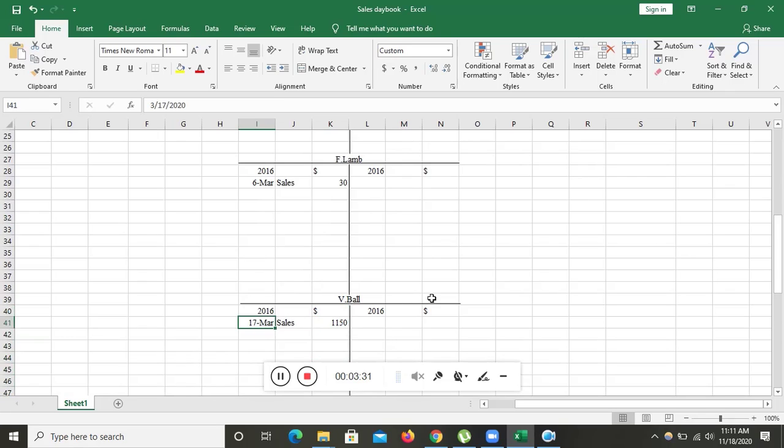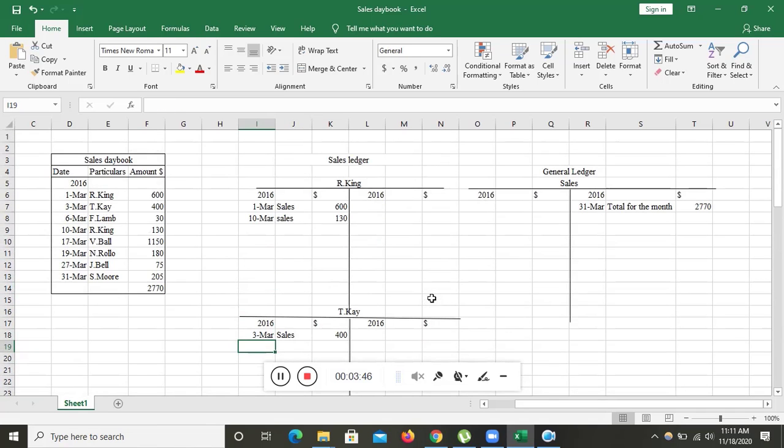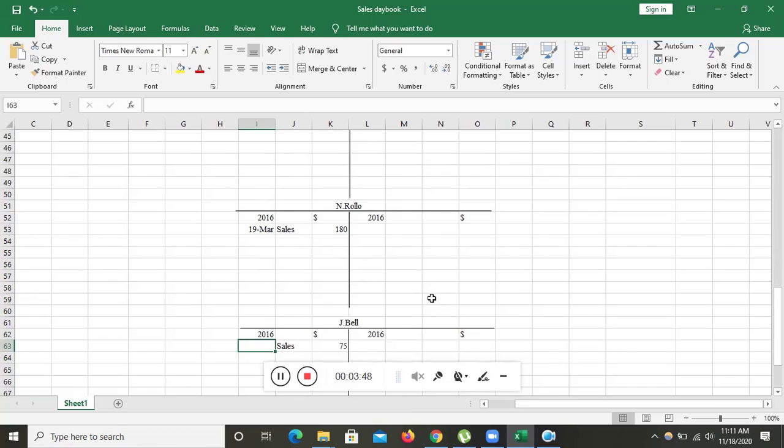V Ball 17th March sales 1150 is the amount. N Rollo 19th March sales 180 is the amount. And second last is J Bell, that is sales 75, and I have not mentioned the date, so let's mention the date, that is 27th March.